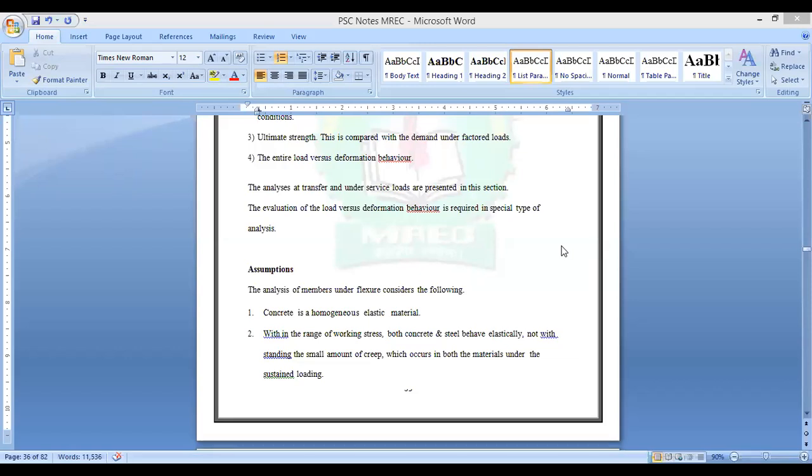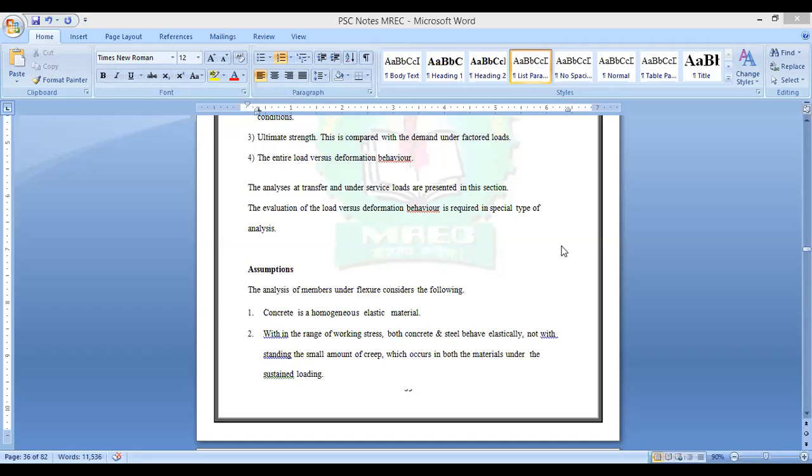No, there is no possibility of bending upward. It is just because of the elastic nature. So within the range of working stress, both concrete and steel behave elastically. Being concrete and steel behaving elastically, only then is your total compound member bending upward. So those are the major assumptions here.